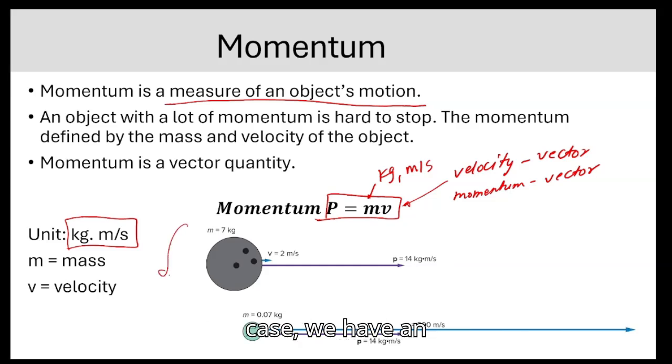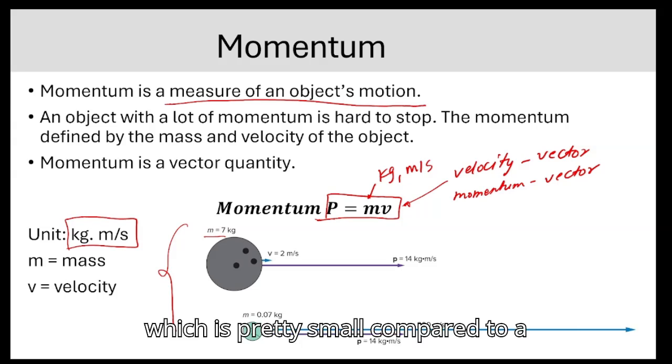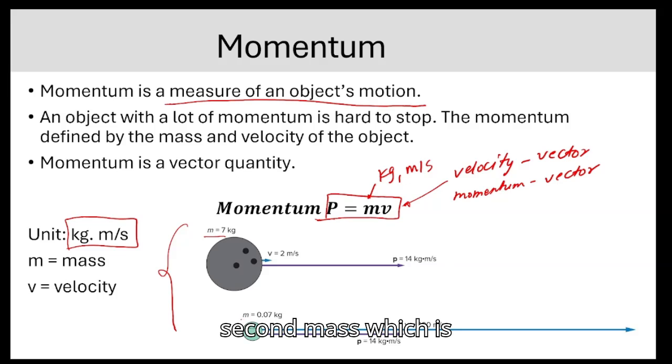We can also see an example here to observe the effect of mass and velocity. In the first case, we have an object with a mass of 7 kilogram moving at 2 meter per second, which is pretty small compared to the second mass, 0.07 kilograms, moving at a very large speed of 200 meter per second.